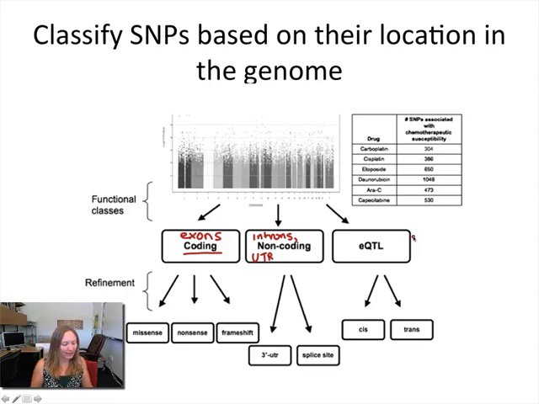Then they further classify those 3 categories into 7 different categories. These 3 are types of mutations that cause varying levels of protein misfolding or misassembly. A missense mutation means you still get a protein, but maybe it doesn't work quite as well.